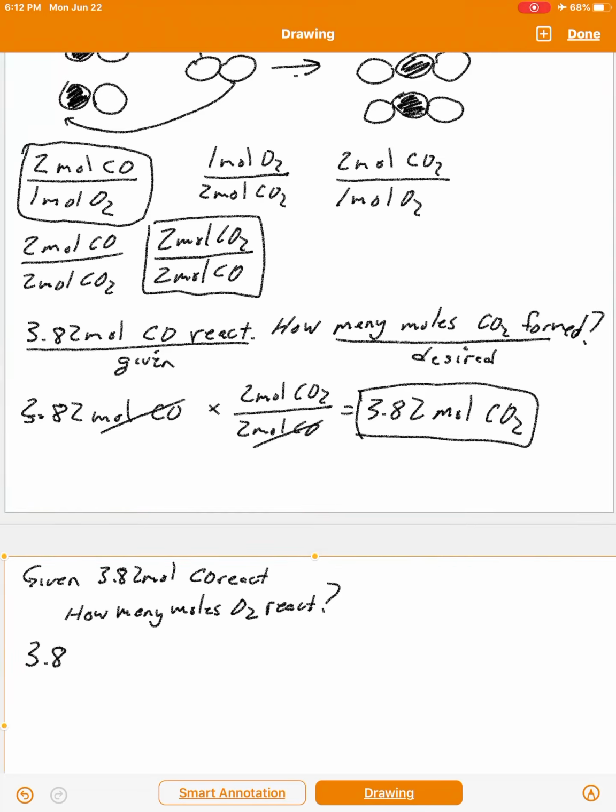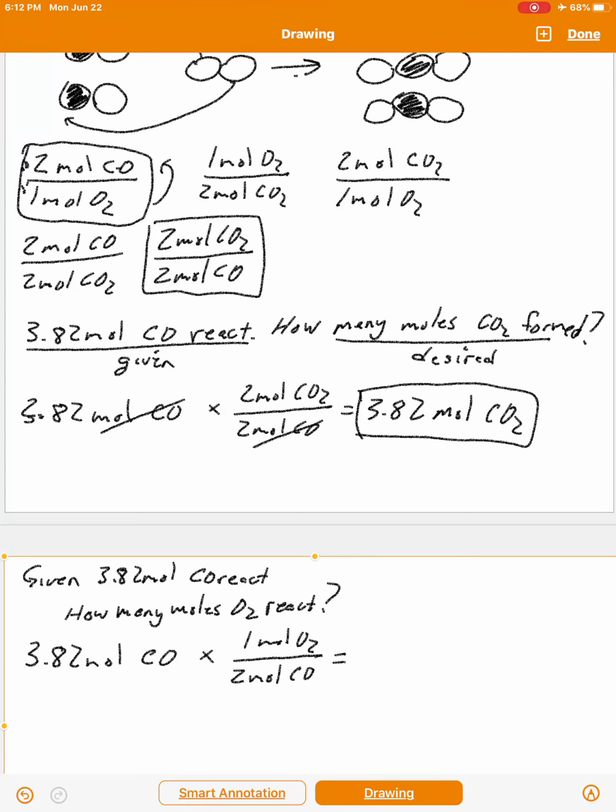So let's do this. 3.82 moles of CO. But notice what happens. If I multiply it by this ratio, that's going to give us moles of CO times moles CO. We don't want that. We want to get rid of the moles CO and have moles of O2. So I'm just going to take the reciprocal of that. I'm just going to flip it over. 1 mole of O2, 2 moles CO. Okay, so it becomes 3.82 over 2.